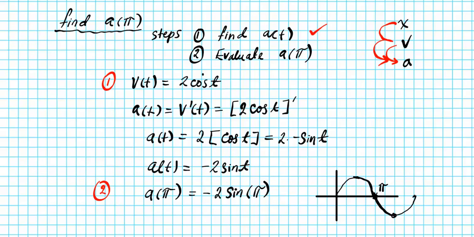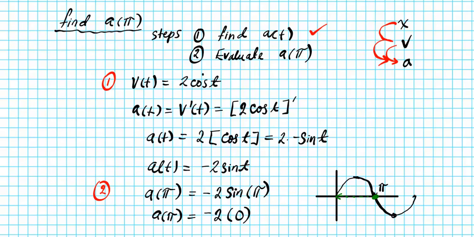So what is sine of pi? Sine of pi is the output for this input value. So your output is 0. So a of pi is -2 times sine of pi, which is 0. Okay?